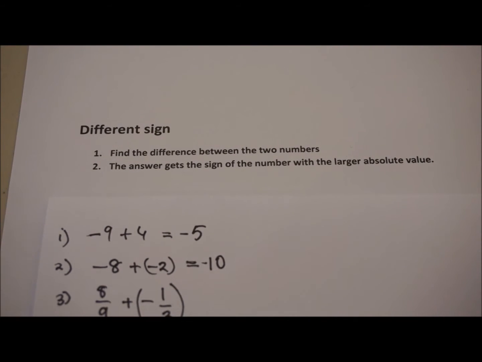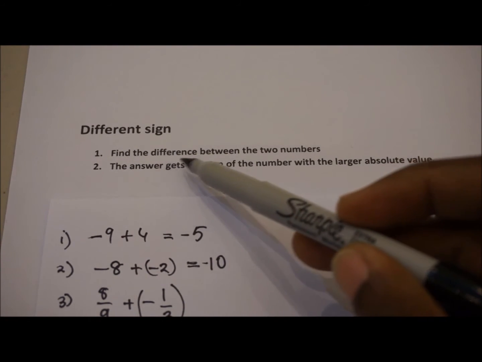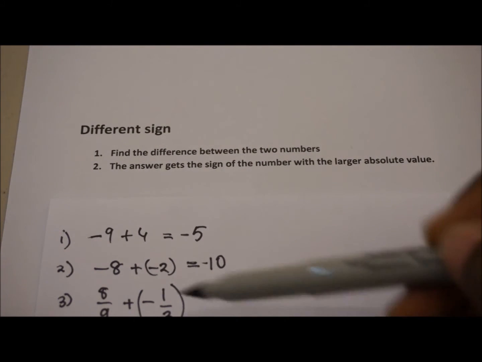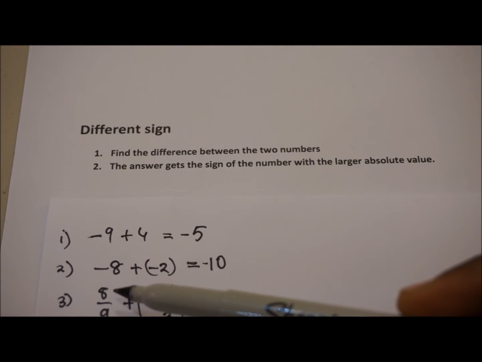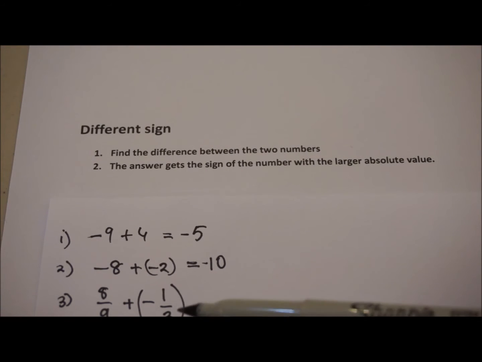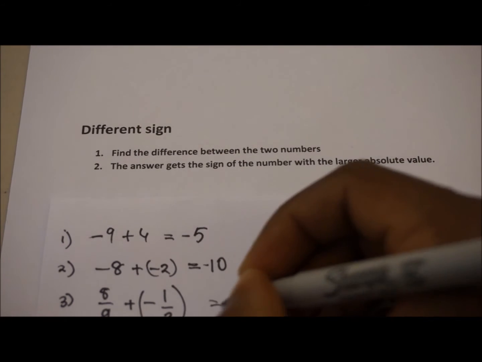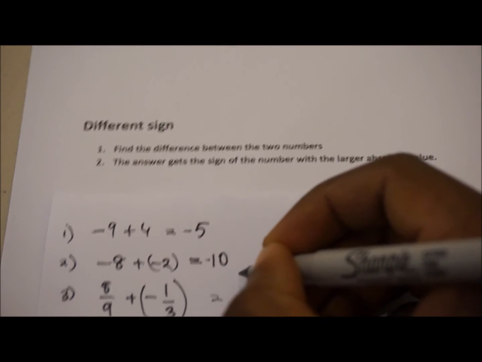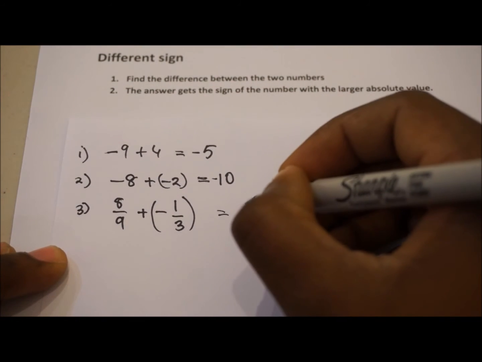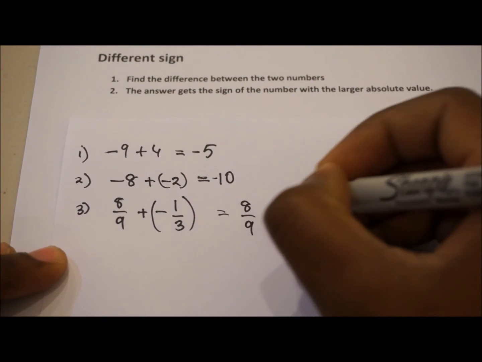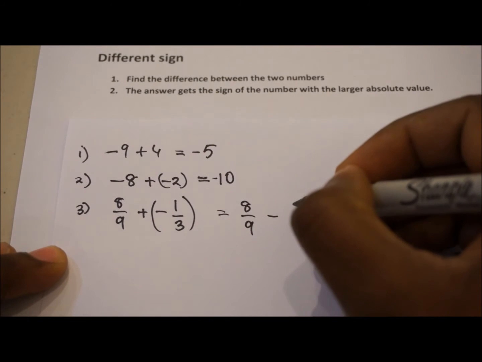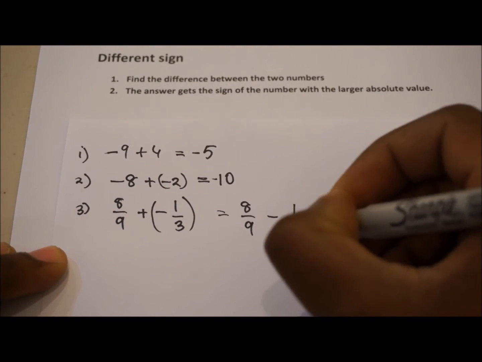If I'm adding two numbers with different signs, my first job is to find the difference between the two numbers. Therefore, I need to find the difference between 8 over 9 and 1/3. That means I need to subtract these two. So 8 over 9 minus 1 over 3.